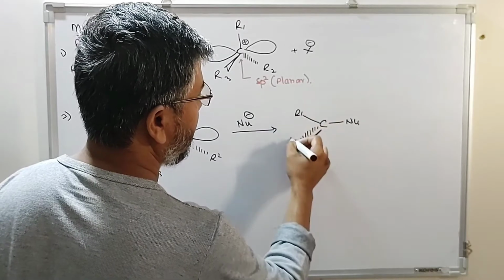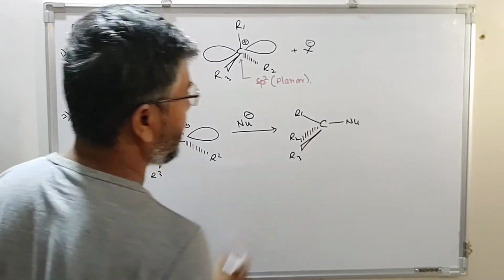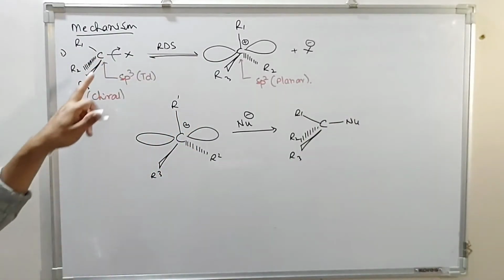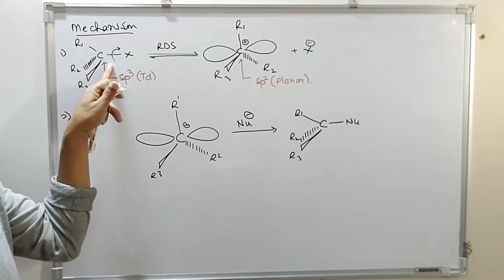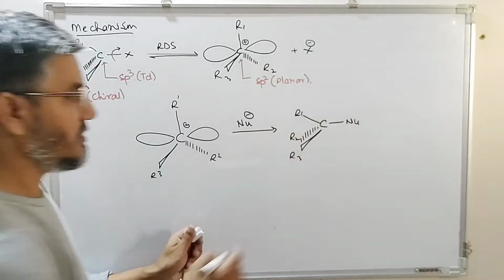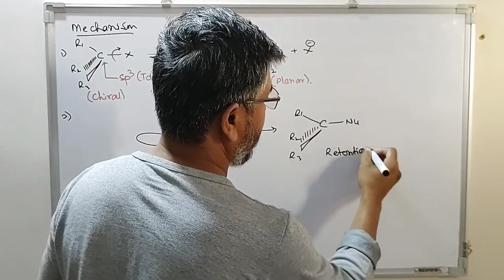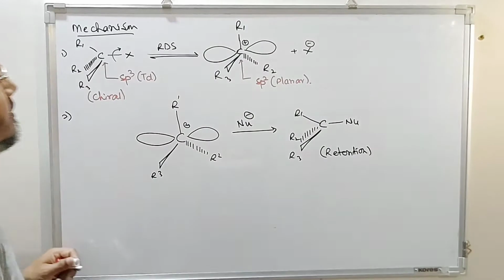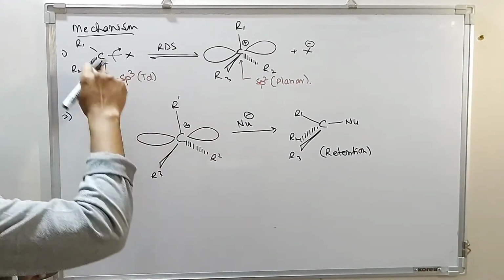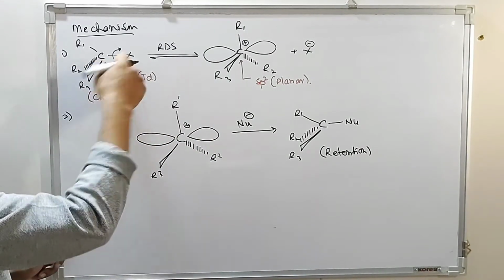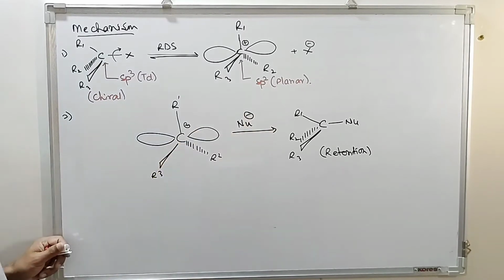So we have R1, R2, R3. If you look at this reaction and this product, that is retention of configuration, having the same configuration. So the nucleophile attached to that side of the starting alkyl halide in which the halogen, or the leaving group, was present.